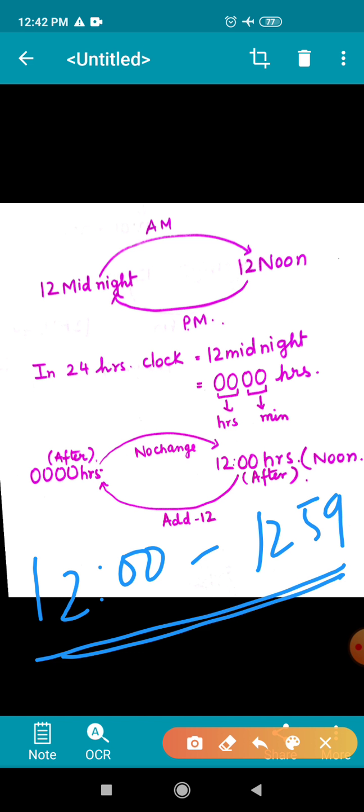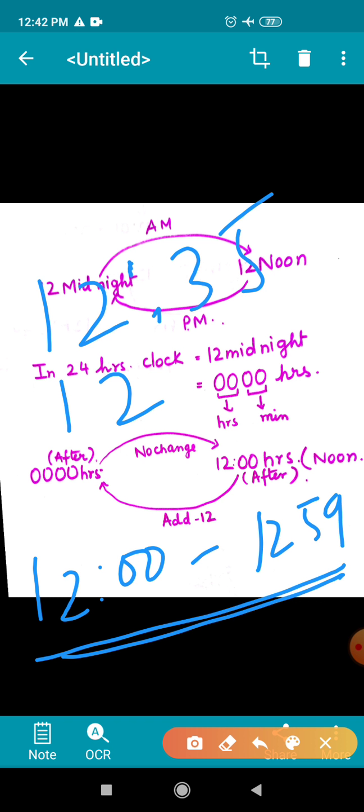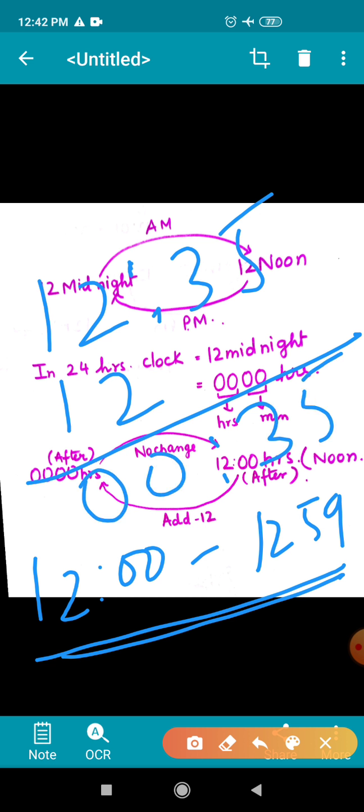Suppose at night it is 12:35 and you want to represent this time in 24 hours clock, so what you will do, you will subtract 12 from this number and the time that you will get is 00:35. So 0035 hours is the time in 24 hours clock.